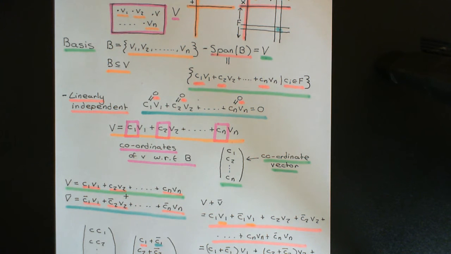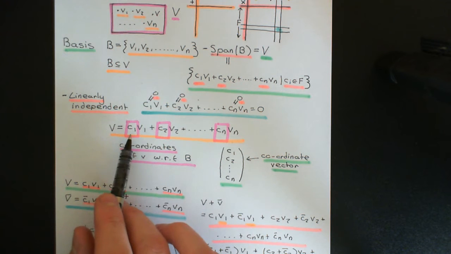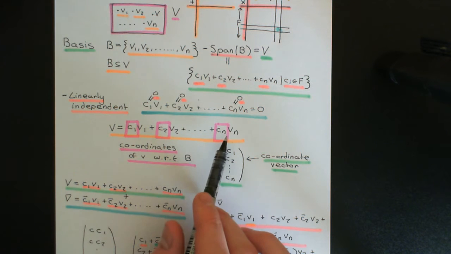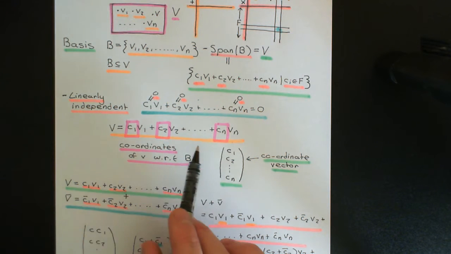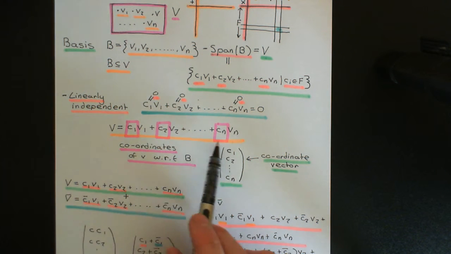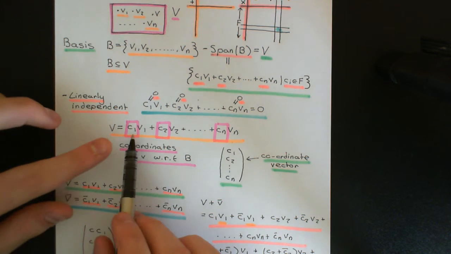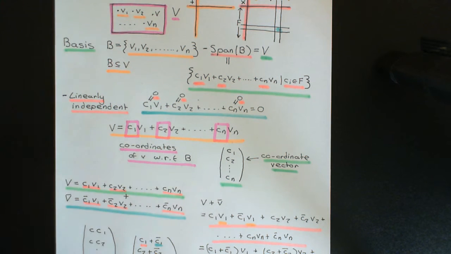What this overall means is that every vector in the vector space can be written as a linear combination of the basis vectors in one and only one way. So for any vector, little v, I can write it out like so as a linear combination of my basis vectors, and there's only one way you can do that. If I set two people off to find a linear combination of the basis vectors which gives this vector, they both come back with the same answer, always.